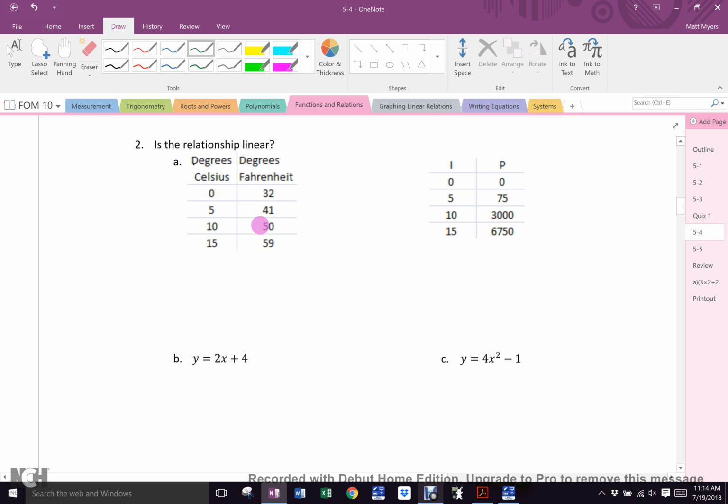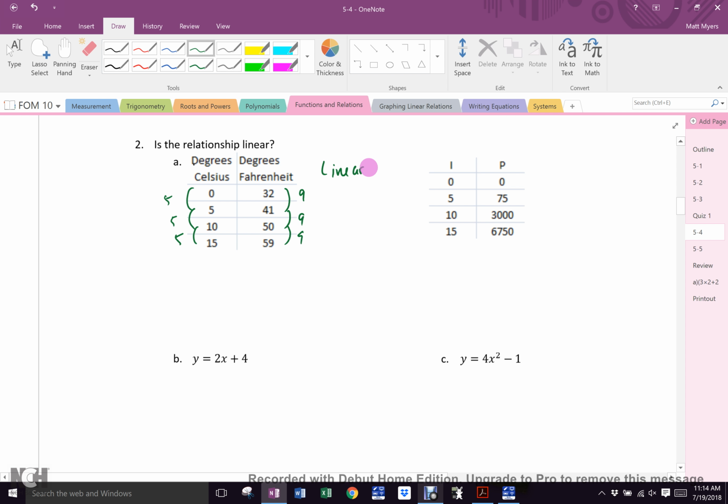Is this linear? How do you know? When this goes up by 5, this goes up by 9. When that goes up by 5, this goes up by 9. When that goes up by 5, that goes up by 9. So it is linear. Right?